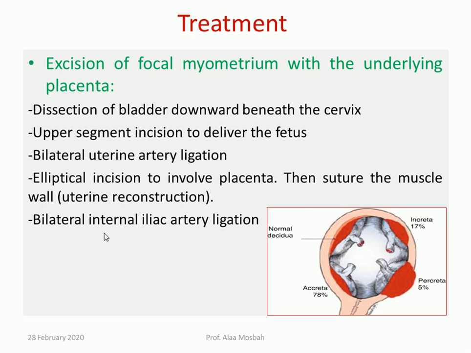This focal part of the placenta, which invades or is attached to the muscle wall of the uterus, will be excised. Then suture the muscle wall and do uterine reconstruction. Lastly, do bilateral internal iliac artery ligation. This is the conservative surgical treatment with excision of the focal myometrium with the underlying placenta.